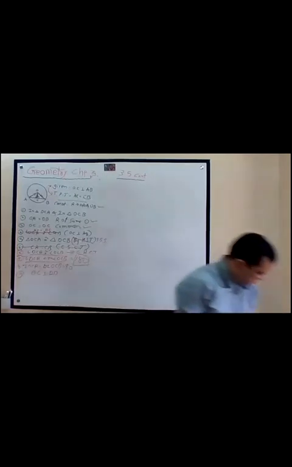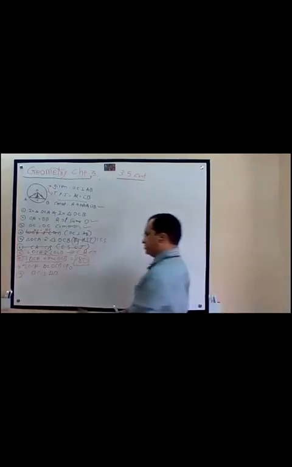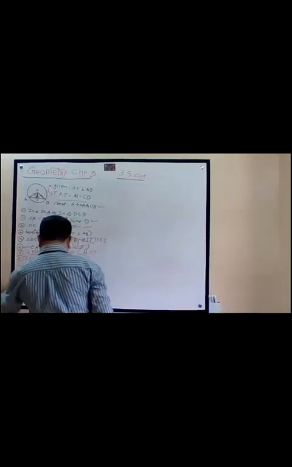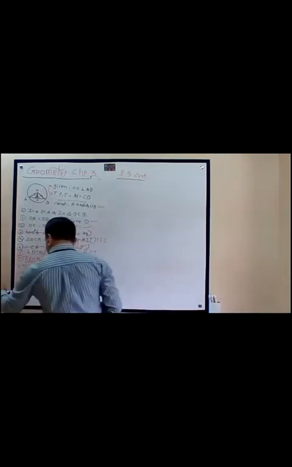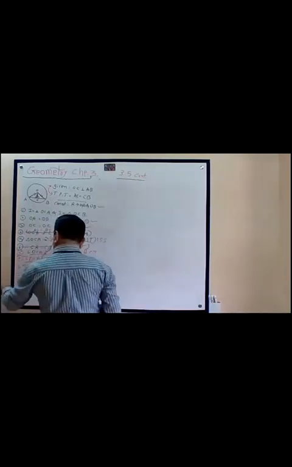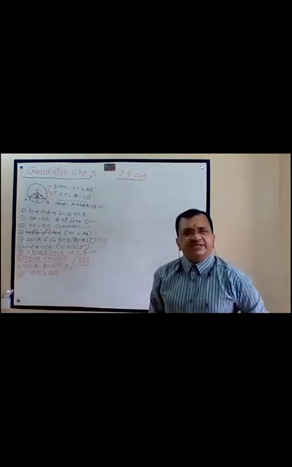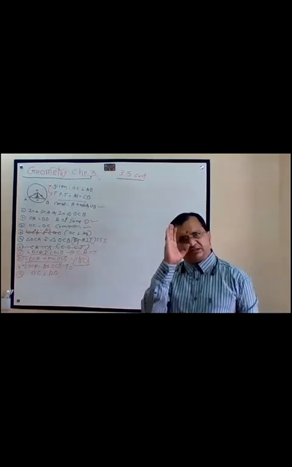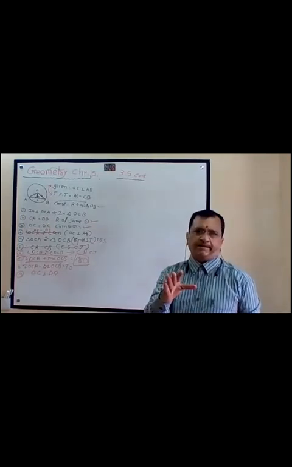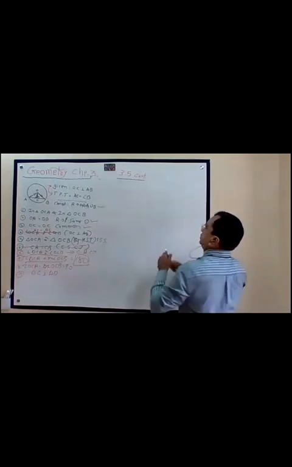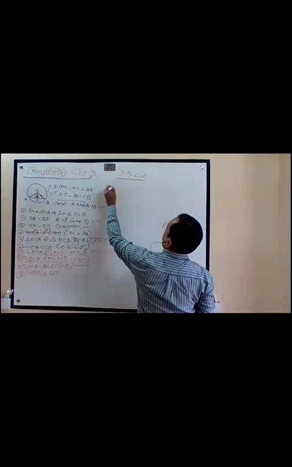Now next, the best theorem of this chapter, because as a theorem they have asked this: two tangent segments drawn from outside the circle to the circle are congruent. The circle is given.